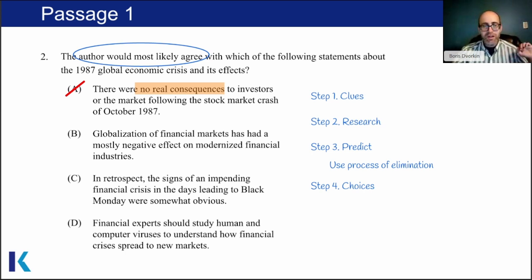We have this word mostly. Now, mostly means more than half. So we look back at the passage. Did it say that in that globalization and causes paragraph that the effect of globalization was more than 50% negative?